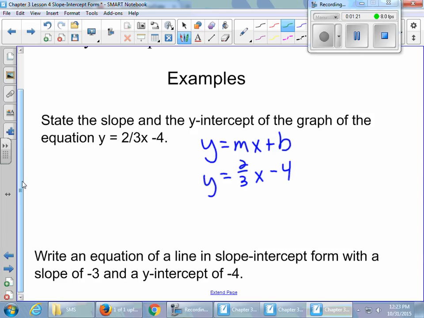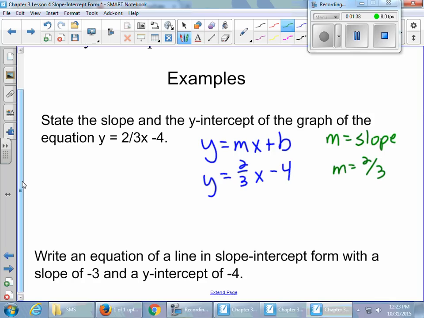Our slope, m, is right in front of the x, 2/3. So our slope is 2/3.